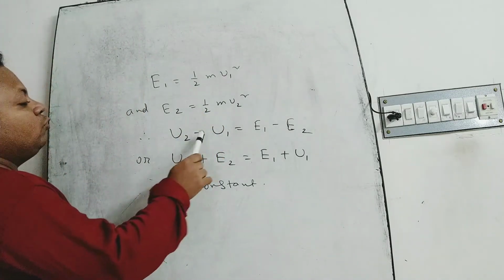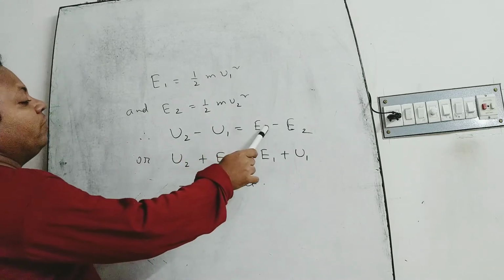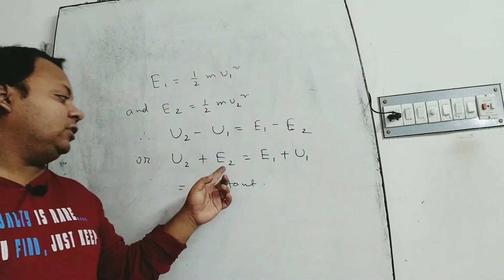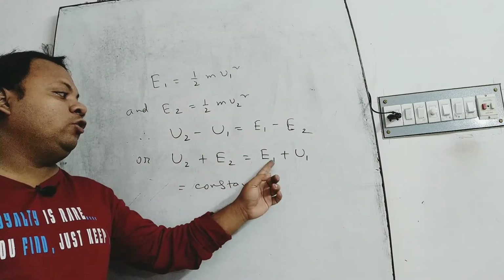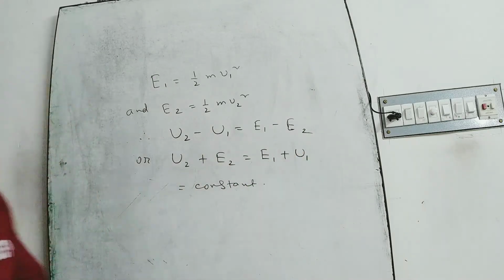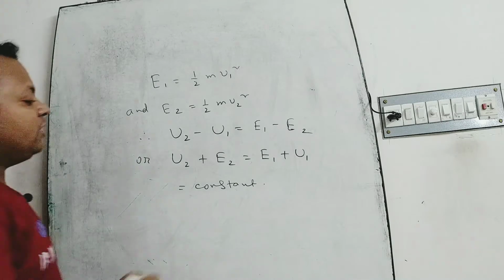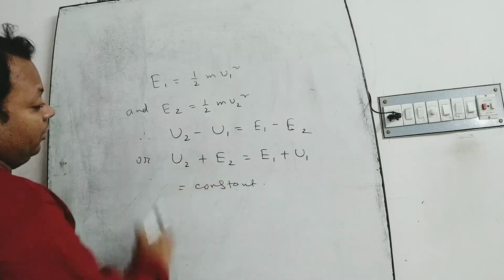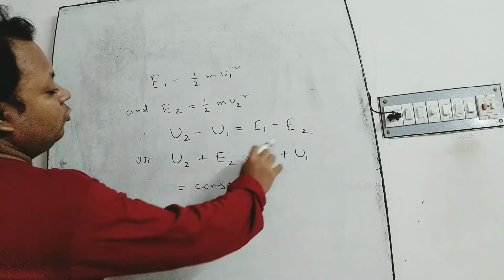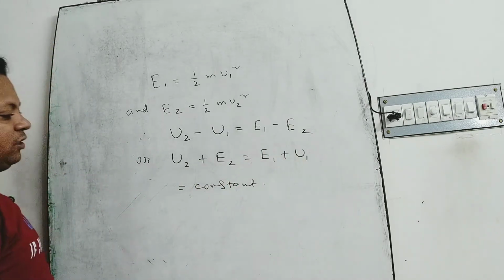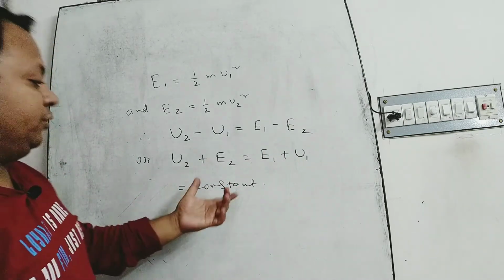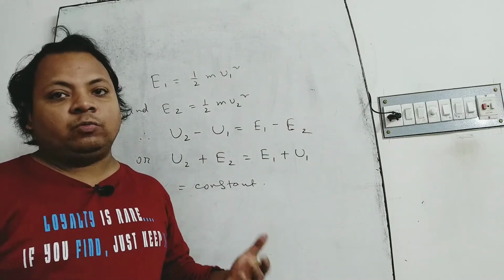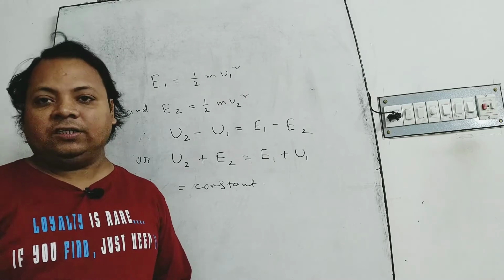Therefore, U2 minus U1 is equal to E1 minus E2, or U2 plus E2 is equal to U1 plus E1. That is, the total mechanical energy at the final stage of the body is equal to the total mechanical energy at the initial stage of the body, which is equal to constant. This is the proof of the law of conservation of mechanical energy.